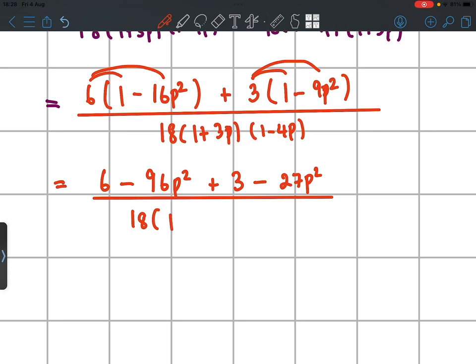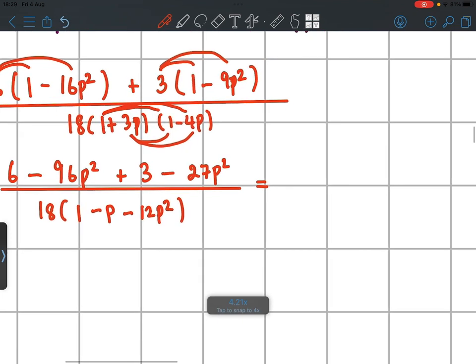So 1 times 1, then 1 times 4p plus with the 3p. So we should get minus 4p plus 3p, which is minus p, and then this times that is minus 12p square, is it? So we simplify, we get this and this is 9. Okay, minus 96p square minus 27p square is minus 123p square.